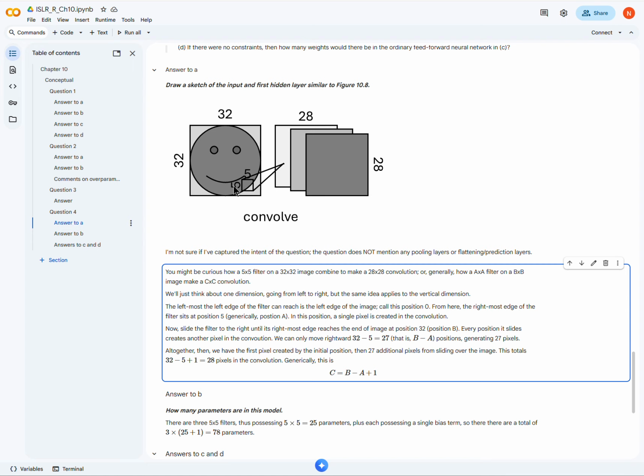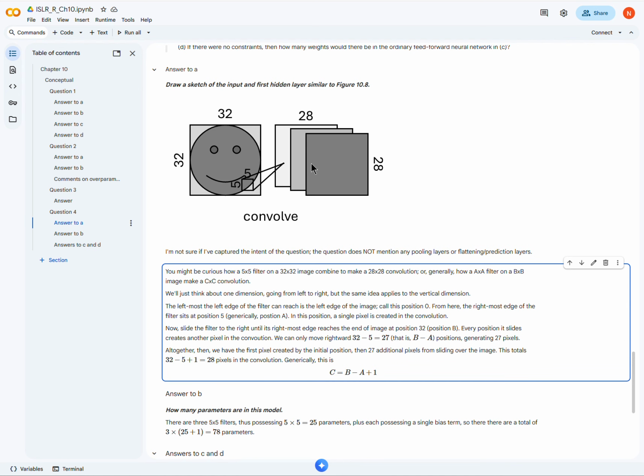Roughly, if you imagine the filter, if you just go from left to right, and we'll just leave the up and down dimension alone, and you put the leftmost edge of the filter on the leftmost edge of the image and slide it all the way over, then you will have 28 positions where the filter can be on top of the image. And again, this is all done without padding. So, if there was padding, you would have maybe a slightly larger convolution intermediate layer.